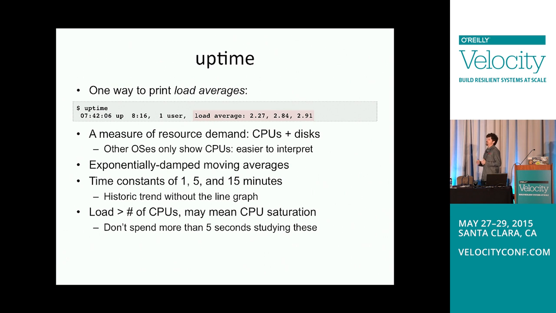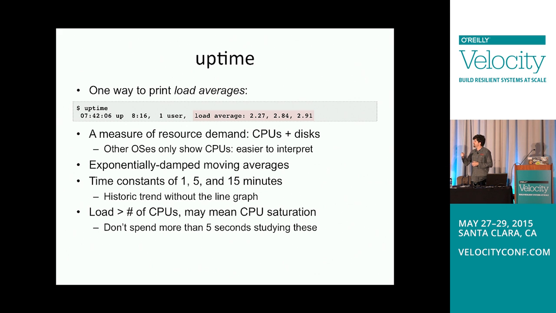There are lots of different ways you can dig out the CPU load, I shouldn't say CPU, system load averages. It used to be CPU. One of the ways is just the uptime command. You see it in top. You'll see this even graphed by performance monitoring tools. They are 3 numbers which represent the 1, 5, and 15-minute load averages. These numbers are actually exponentially damped moving sums, and so they aren't quite 1, 5, and 15 minutes.